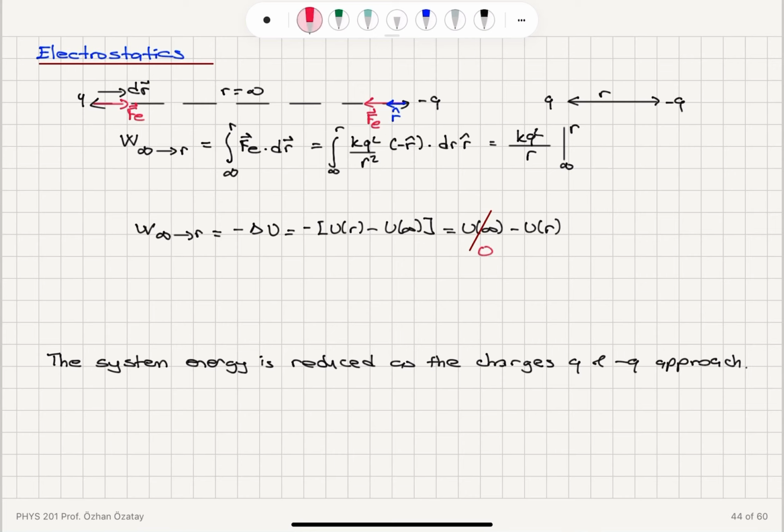So this is 0, and this gives me minus U of r equal to kq squared divided by r. You can see this is going to be kq squared over r minus kq squared over infinity, which is 0. So this will be kq squared over r, and therefore I find the potential energy at a separation r for two charges plus q and minus q to be minus kq squared over r.